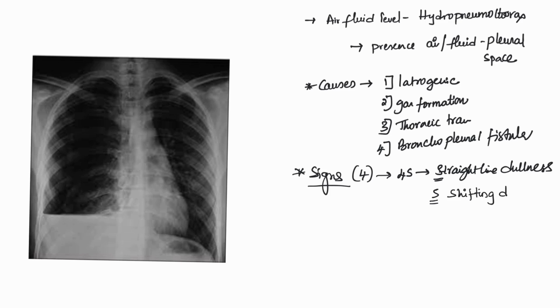This is important because shifting dullness is usually seen in ascites, right? So the similar sort of shifting dullness is also seen in hydropneumothorax. The third S is succussion splash, and the fourth S is sound of a coin. Let us look into the details of these 4 signs.